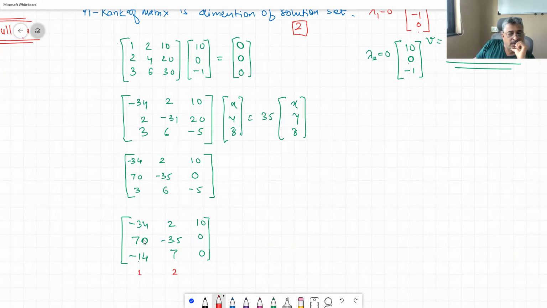So what is this now? Minus 34 plus 4, that is minus 30, plus 30 is equal to 0. Do you understand? Minus 34 plus 4, that is minus 30, plus 30 is equal to 0. So we could achieve the first entry 0.